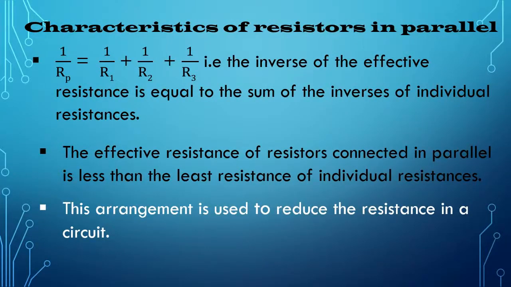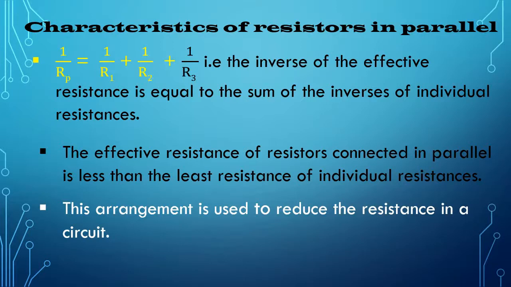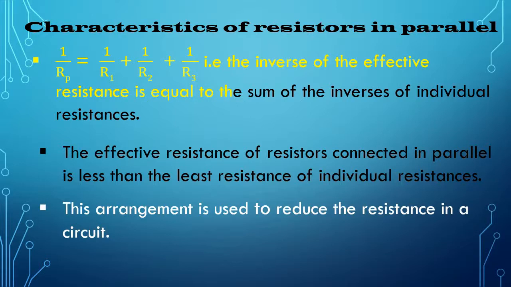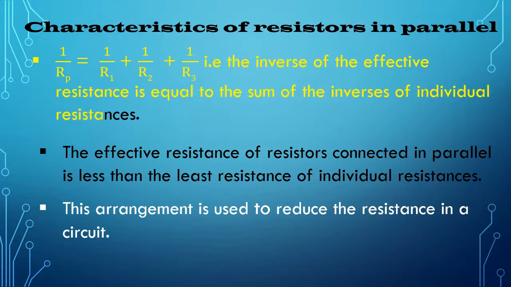Here are some characteristics of resistors in parallel connection. We have learned that 1 upon Rp equal to 1 upon R1 plus 1 upon R2 plus 1 upon R3. That is, the inverse of the effective resistance is equal to the sum of the inverses of individual resistances.